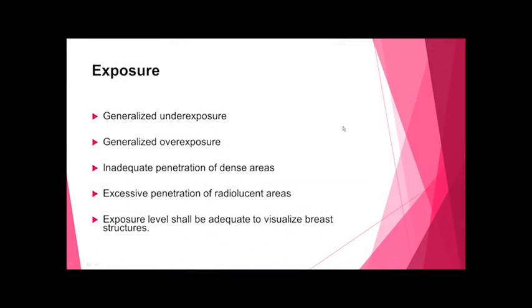Another category is exposure. You don't want to have underexposure, overexposure. You want to have good penetration of the dense areas in the breast. You don't want to have excessive penetration, especially in the radiolucent areas, fatty areas. An exposure level should be adequate to visualize the breast structures from the chest wall all the way to the nipple.